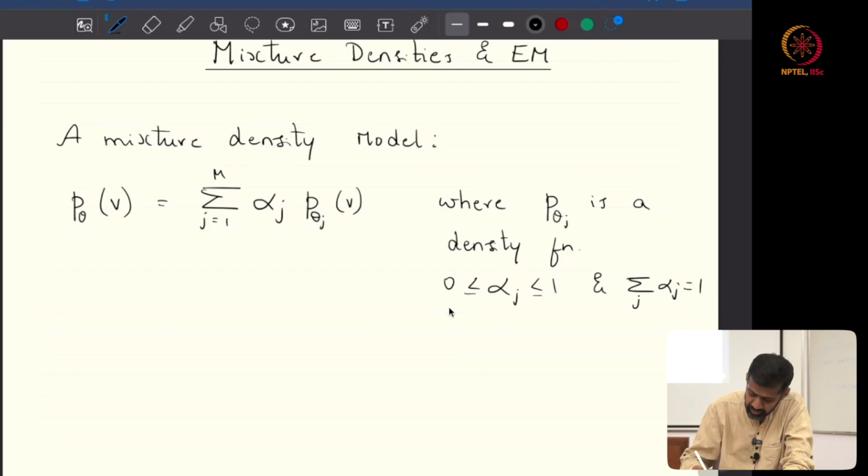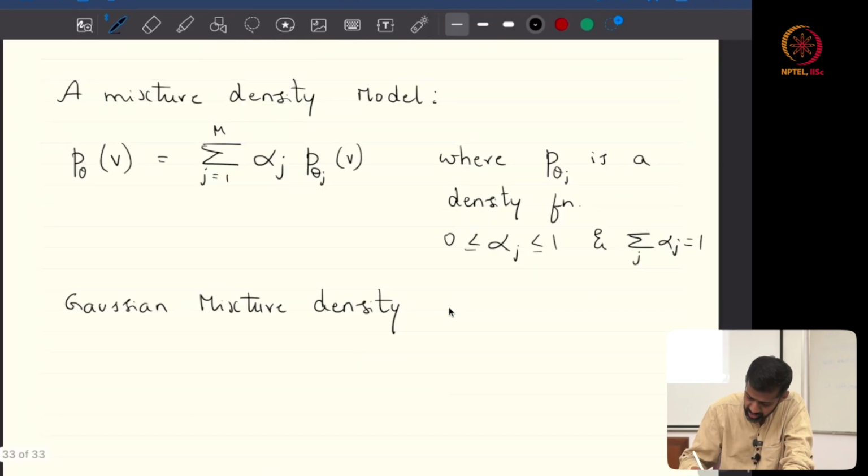Now a special case of this is what is called a Gaussian mixture model, where the constituent densities p theta j are all Gaussian densities with parameters mu j and sigma j.